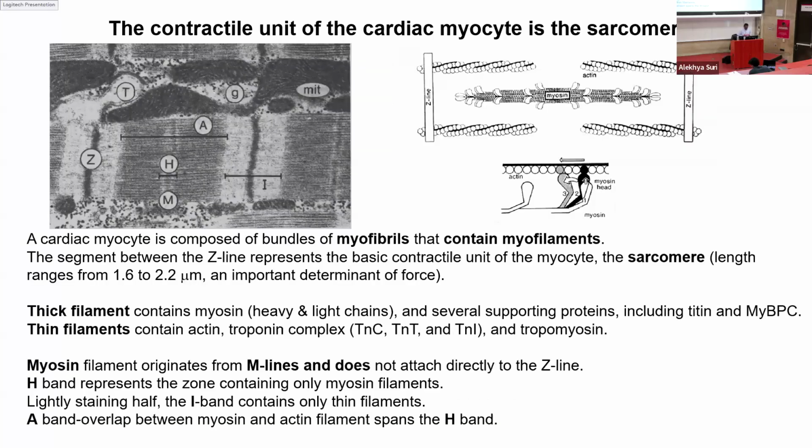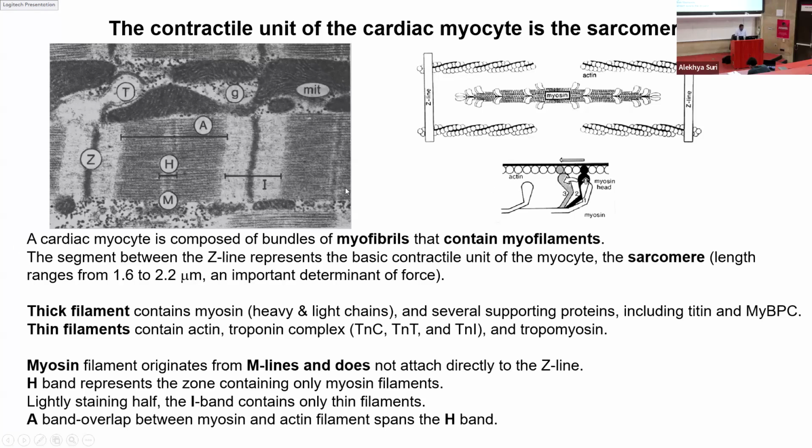The contractile apparatus is the major portion of the cardiac myocytes. Almost 50% of the cardiac muscle is occupied by contractile proteins. They are arranged in the form of bundles of myofibrils. Each myofibril contains a lot of myofilaments, and each myofilament contains the contractile unit, which is myosin and actin.